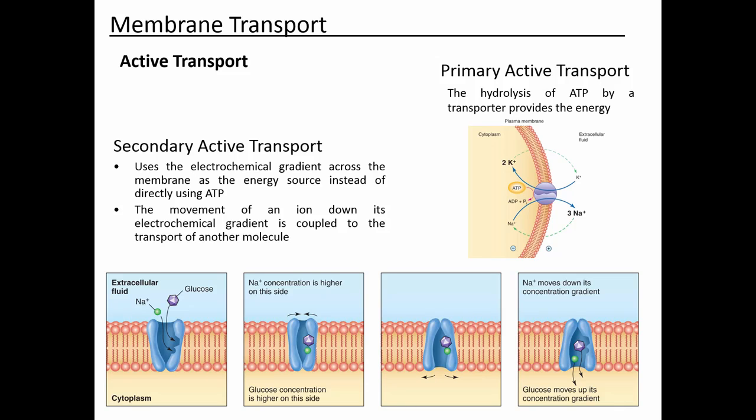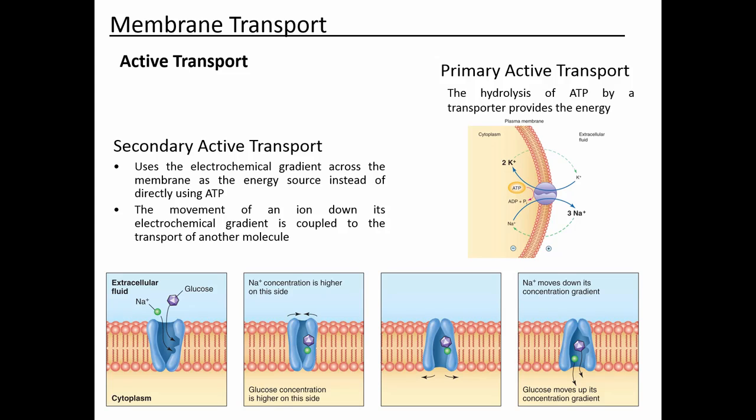Okay, do you guys have any questions about secondary active transport or the difference between the two? So in the case of secondary active transport, is it typically maintained by some primary active transport? Yeah.